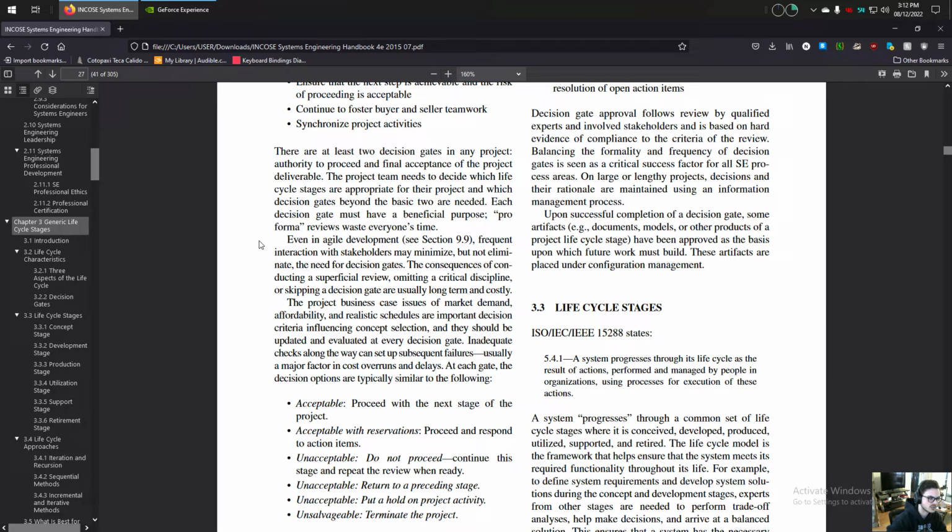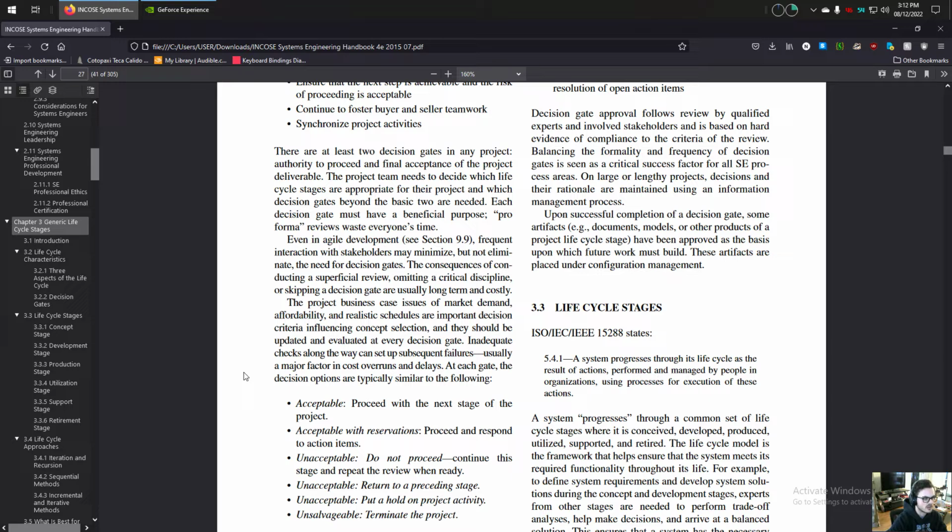The project business case issues of market demand, affordability, and realistic schedules are important decision criteria influencing concept selection, and they should be updated and evaluated at every decision gate. Inadequate checks along the way can set up subsequent failures, usually a major factor in cost overruns and delays.